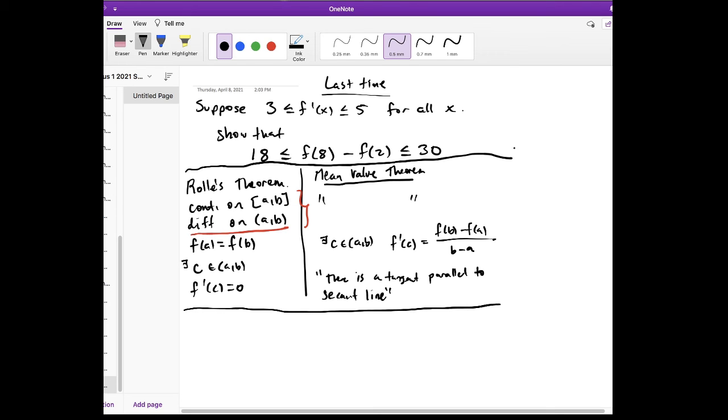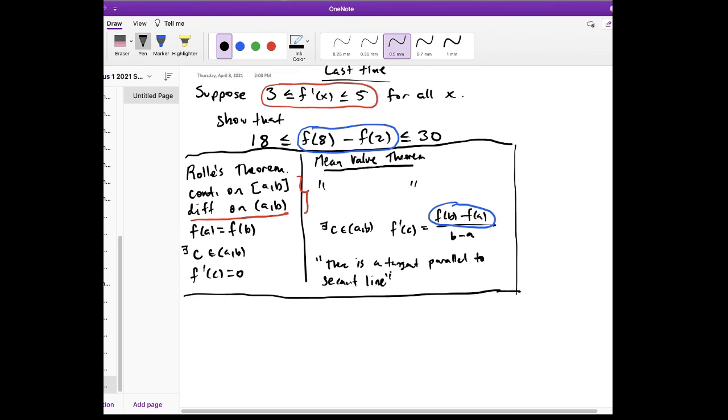So yeah, it is the mean value theorem, and a couple of things should jump out at you. First of all, the derivative is never 0, right? So maybe Rolle's theorem may not make sense. You also have a difference of two function values, and we also have a difference of two function values in the mean value theorem. Yeah, so let's try that.